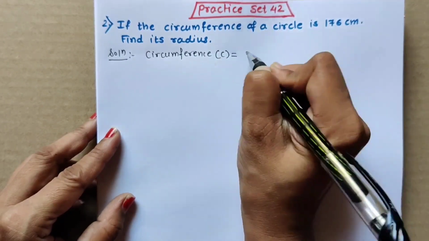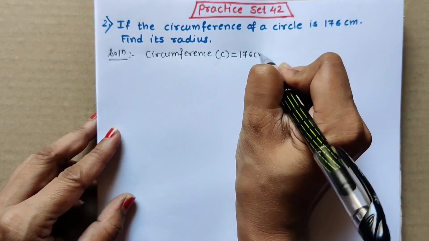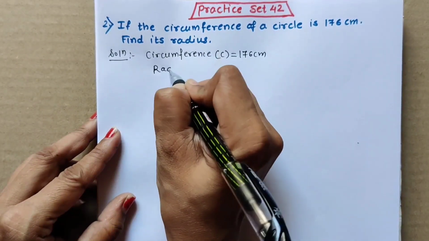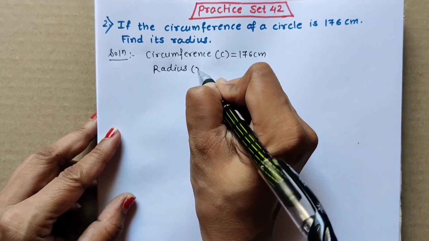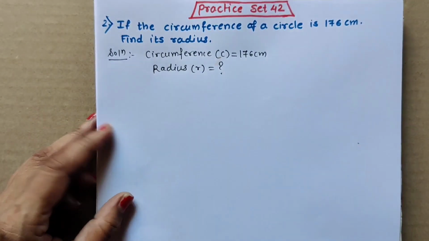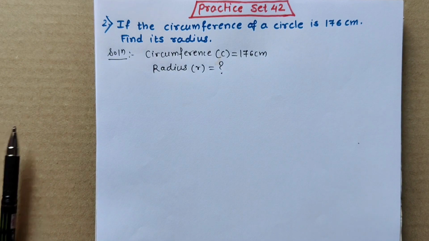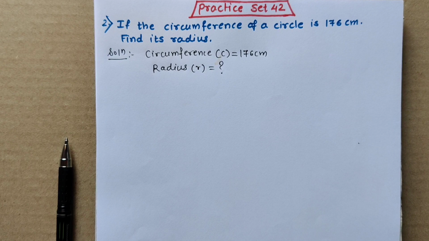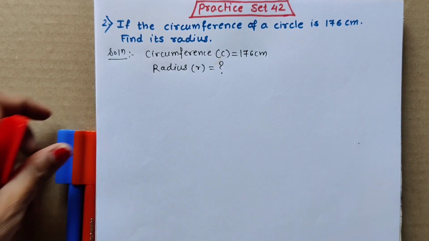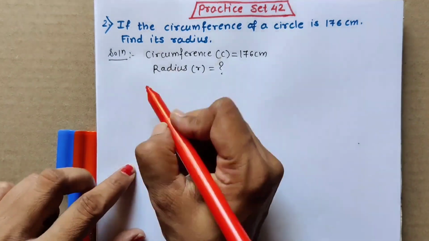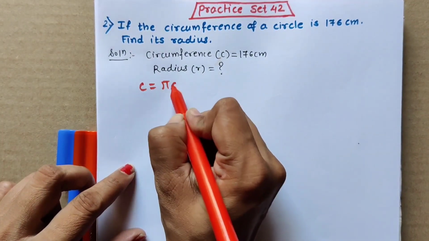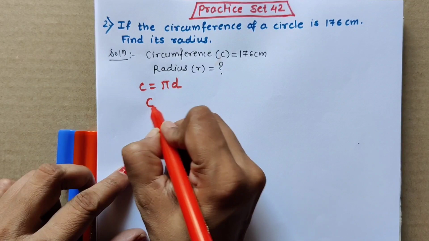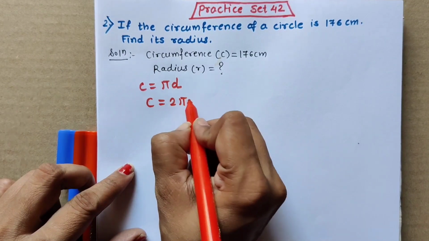C is equal to 176 centimeter, and we have to find out the radius R. Now we know that as the circumference is given, we have to apply the formula of circumference. So we know 2 formulas for circumference. First formula is C is equal to pi d, and second formula is C is equal to 2 pi r.